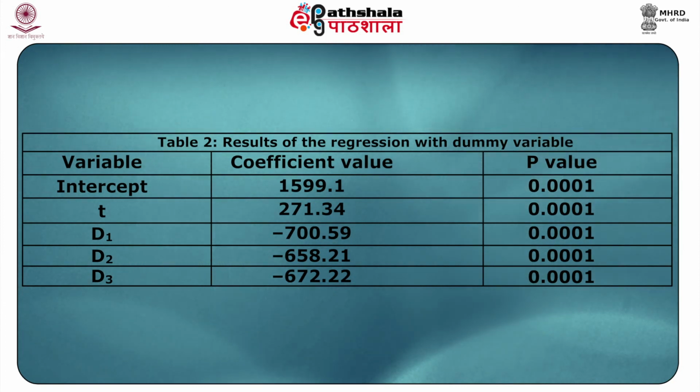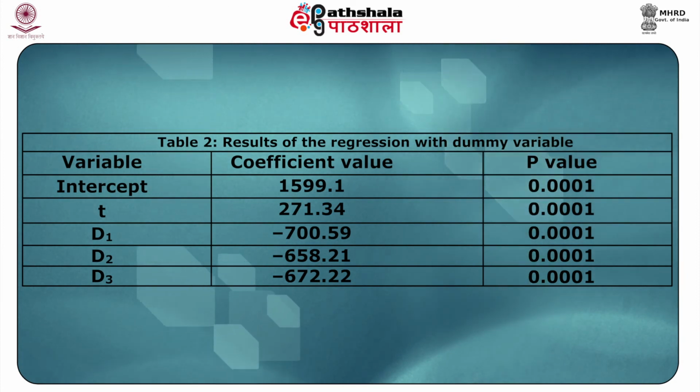This we can see in the form of table. Results of the regression with dummy variables. We have variable, coefficient value and p-values. For variable intercept, the coefficient value is 1599.1 and p-value is 0.0001.